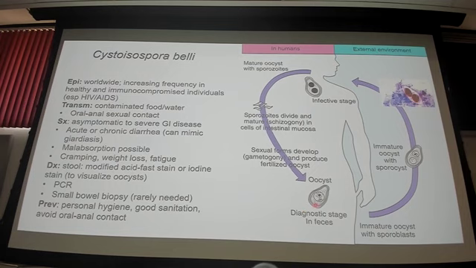That oocyst is not immediately infective. It has to mature a little bit longer, but this maturation period, once it's left the body, is pretty short. Short enough for some important transmissions between patients. So in order for it to be infective, it has to have sporocysts inside of it. But this can happen in a window of a couple hours, maybe a day.